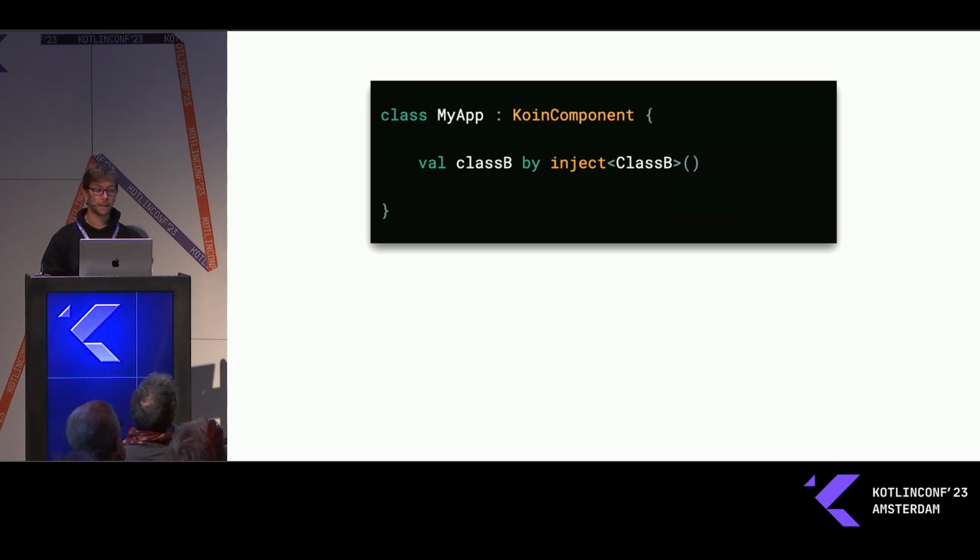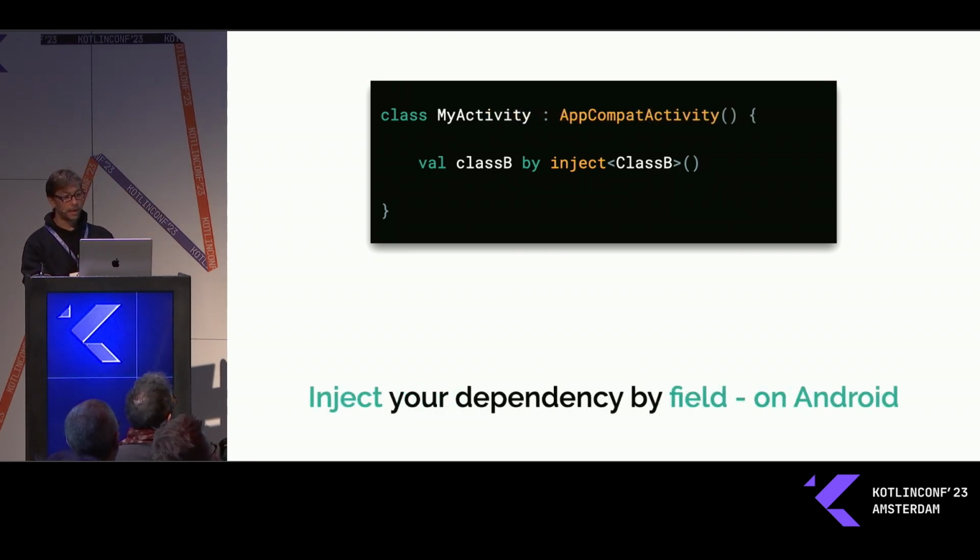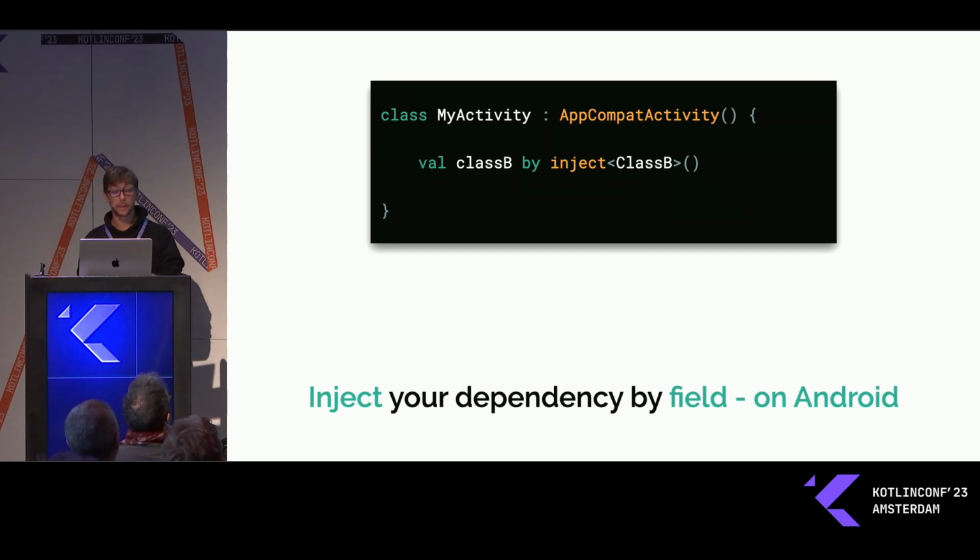This is how we have this inject function to inject a field inside MyApp. If you instantiate MyApp, you will have access to class B from a Koin container. You may have found this kind of inject function in Android applications.